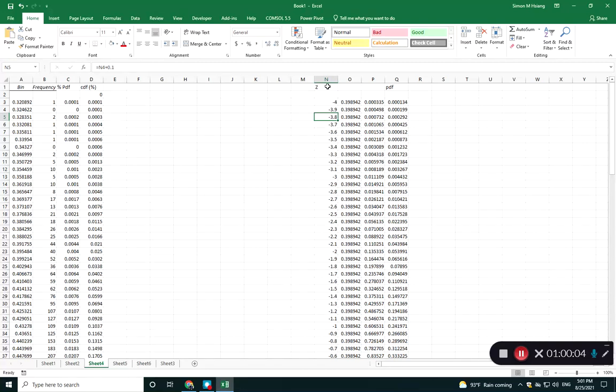So Lean Six Sigma, why Lean Six Sigma? Six Sigma is essentially defects per million opportunities, right? Six Sigma means that the number of defects that you have per million is so small. It's the standard deviation, right? The sigma, standard deviation.